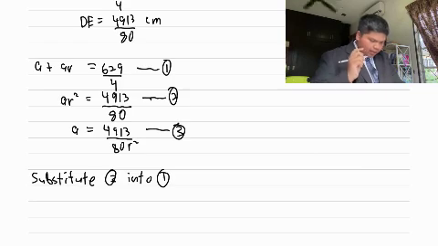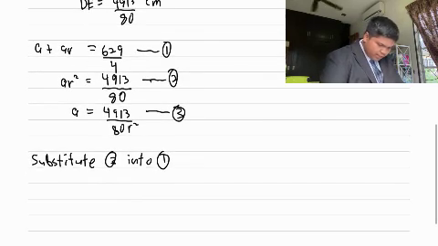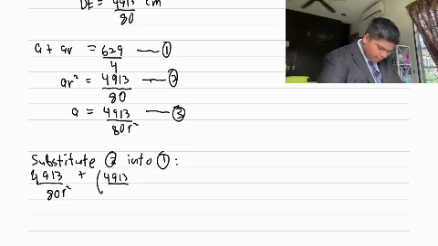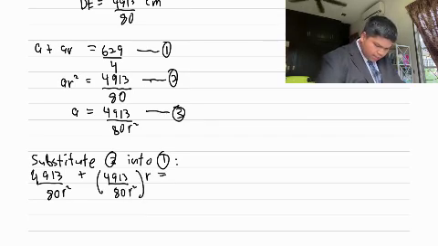So then we can just get along with substituting. 4,913 over 80 R square plus AR, thus 4,913 over 80 R square times R equals 629 over 4.